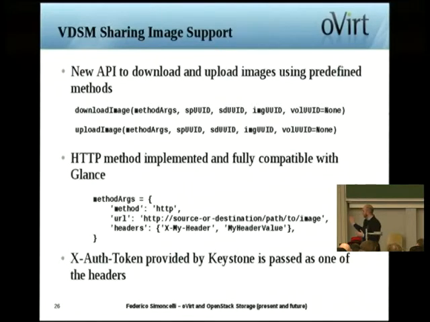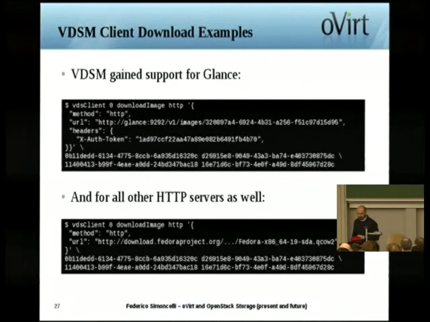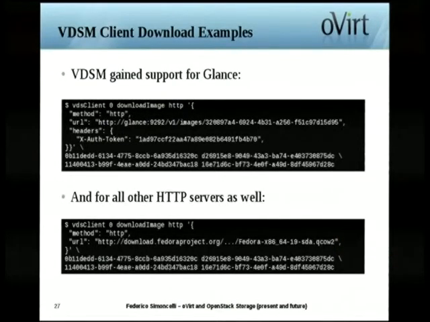That is the one that is used for Glance, right? And we can also specify additional headers to it. So, as I said, in this way we gain support both for Glance and also for all the other HTTP servers.